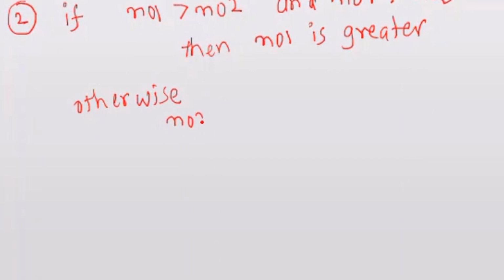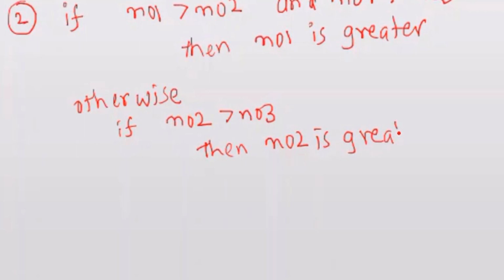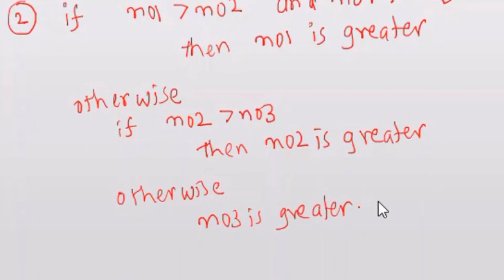So we compare number 2 with number 3. We'll check if number 2 is greater than number 3, then we'll say number 2 is greater. Otherwise, if this condition also fails, then we'll say number 3 is greater. So this is what the algorithm is all about.